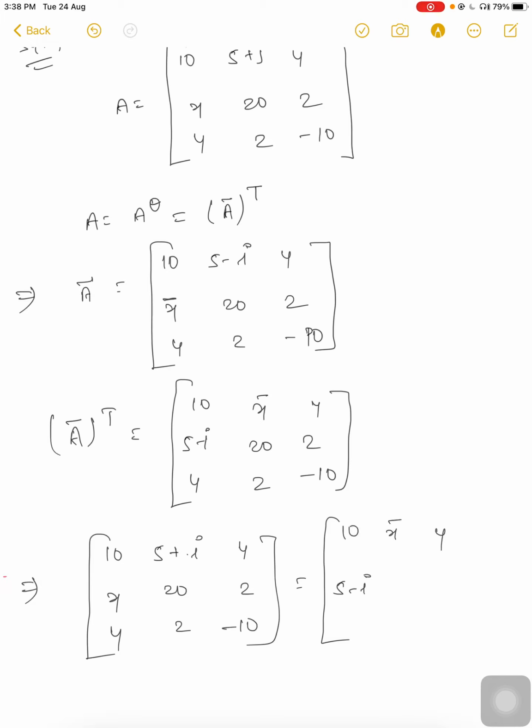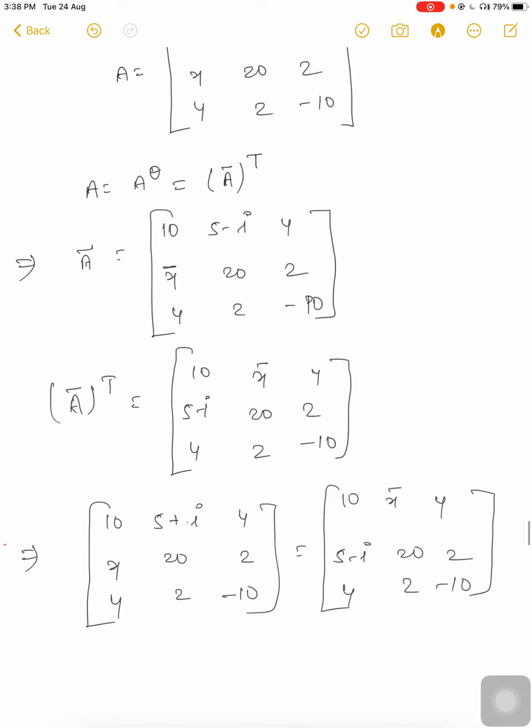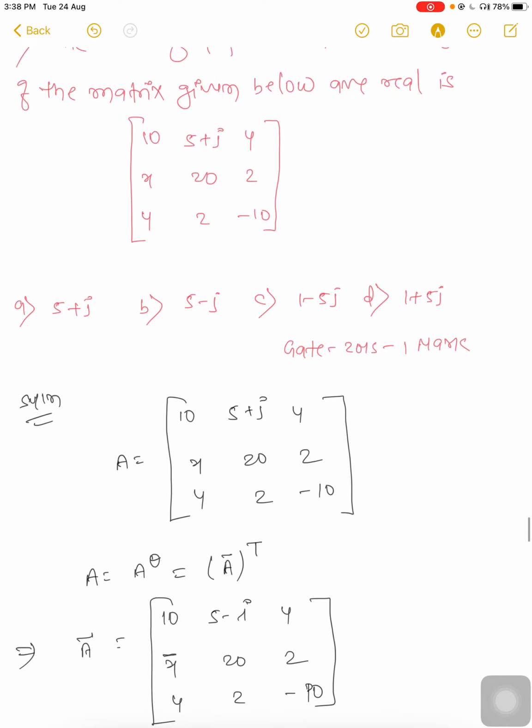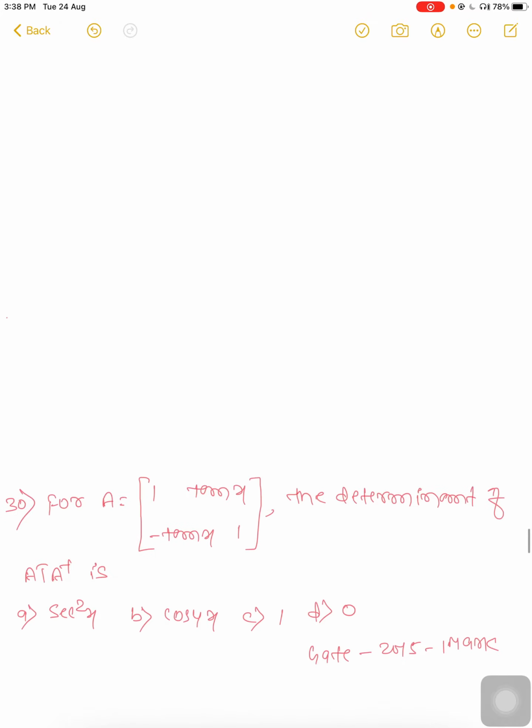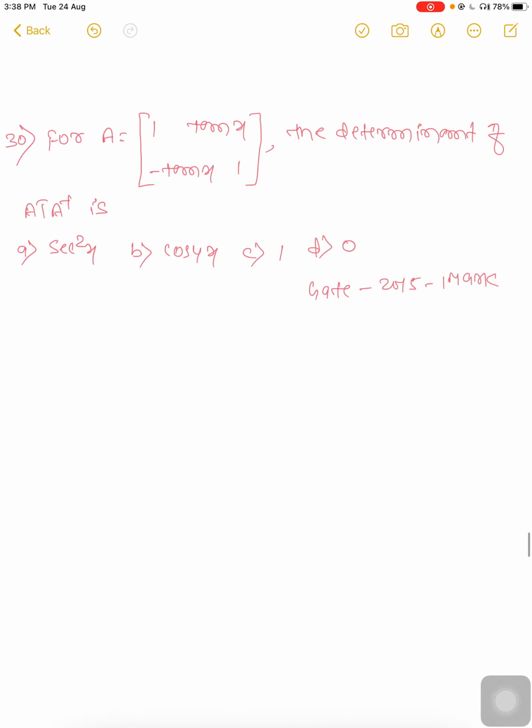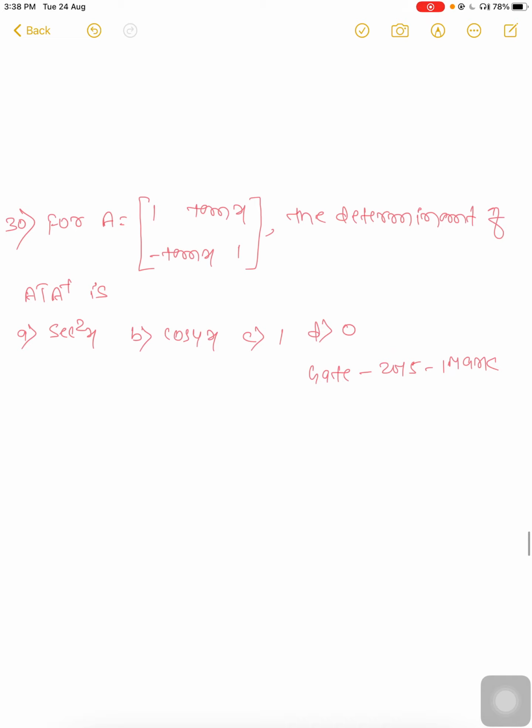Then x, 20, 2, and 4, 2, minus 10. Now equate it. After equating, you will get x is equal to 5 minus j. So 5 minus j will be the right answer. In terms of j, option B will be right.